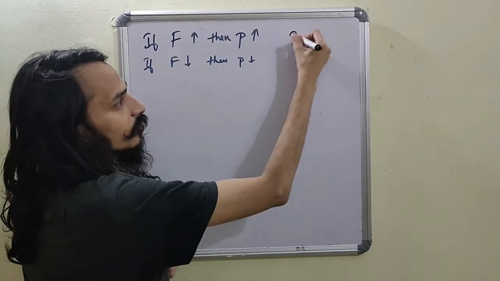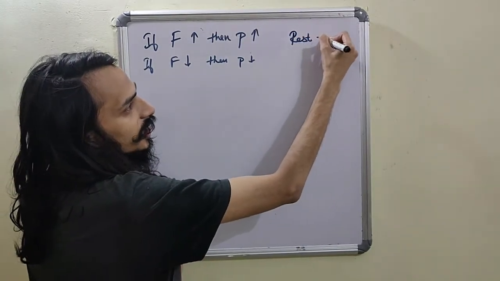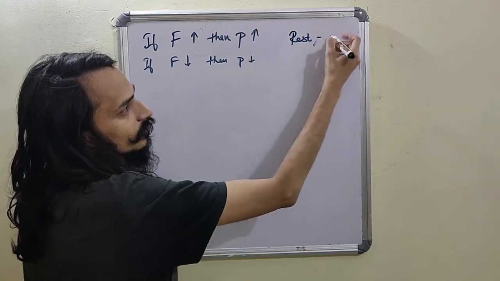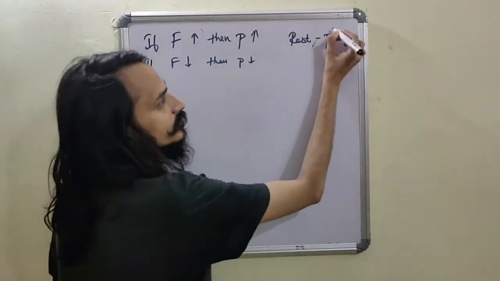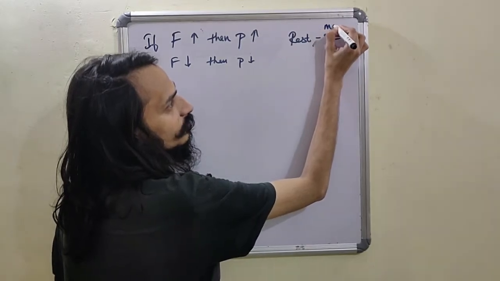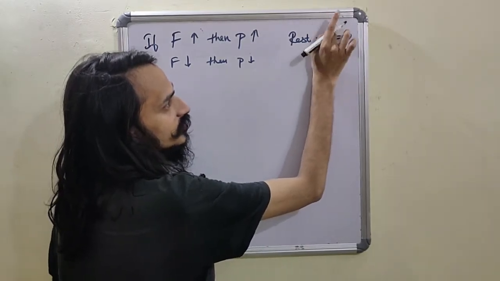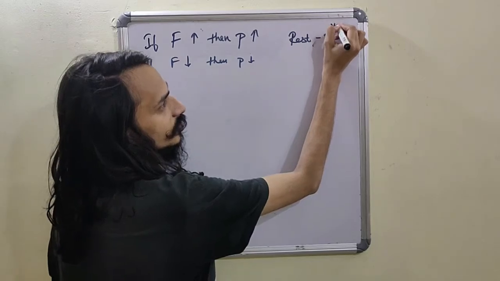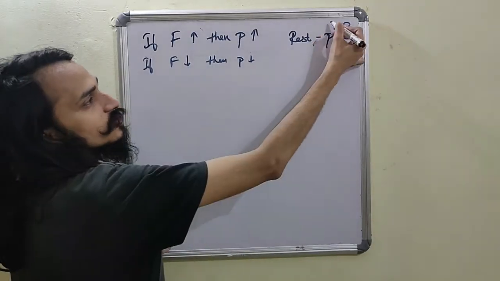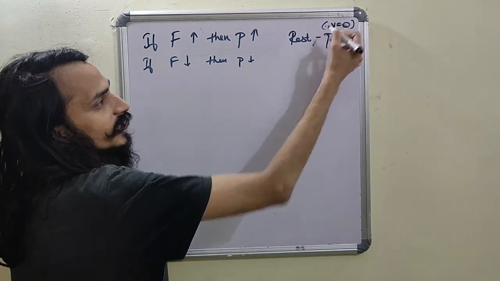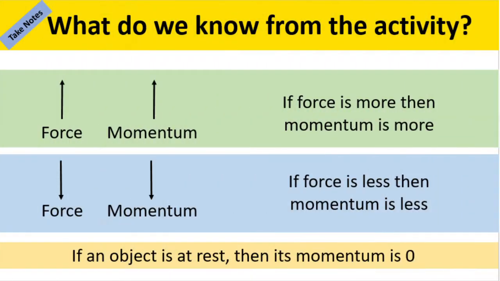If an object is at rest, I'll say its momentum is nothing but 0, right? Because m will be something, but its velocity is 0, so 0 into anything will be 0. So when velocity is 0, for any object the momentum is 0.